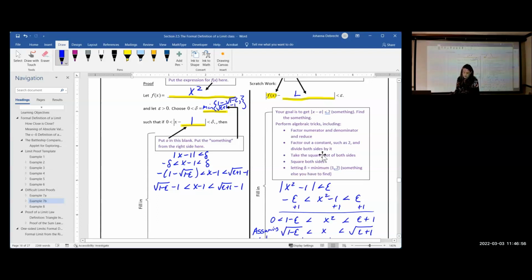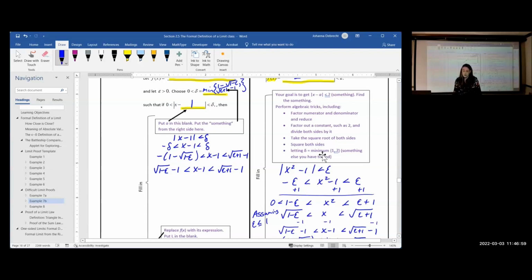The next thing we want to do is add 1 to all 3 parts to get rid of the ones that we see here, here, and here, so we can isolate the x. So we add 1 to all 3 parts, which leads us to write the square root of 1 minus epsilon less than x less than the square root of epsilon plus 1.